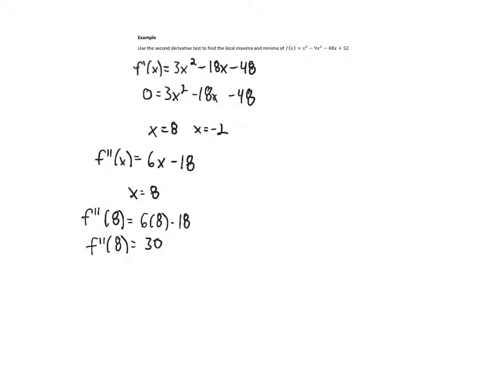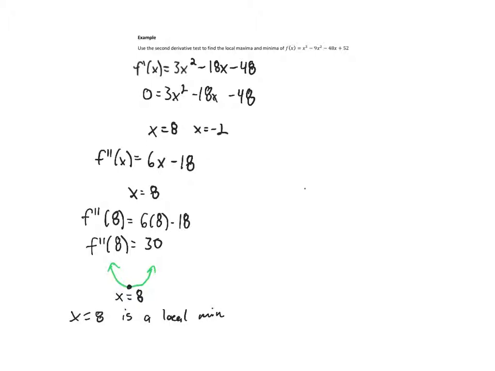What that means is that at x equals 8, the function is concave up. If the function is concave up at x equals 8, then x equals 8 is a local min.